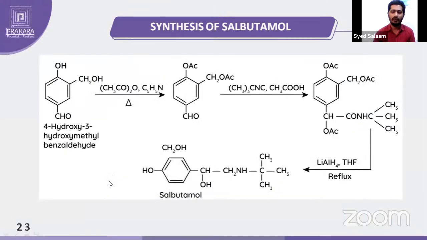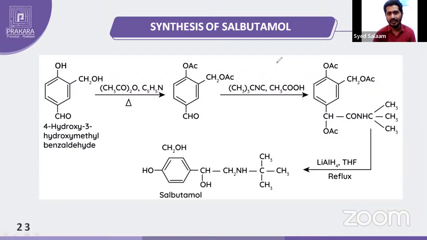This salbutamol can be synthesized using 4-hydroxy, 3-hydroxymethyl benzaldehyde. First, in the presence of acetic anhydride, it will attach the acetoxy moiety, and then further we will be taking tertiary butyl. Because we need to attach the tertiary butyl here, we take tertiary butyl cyanide.